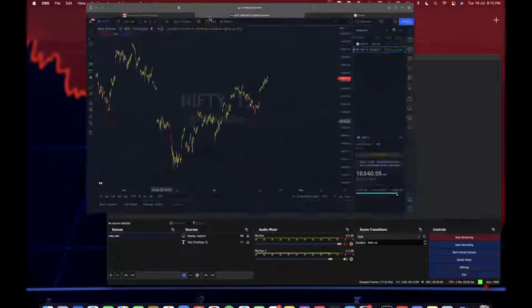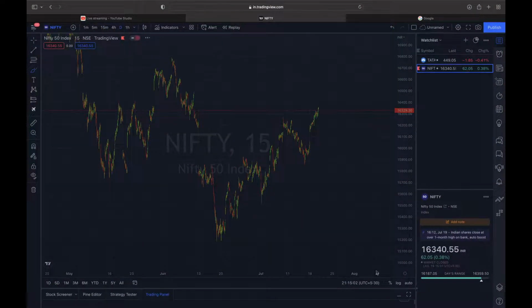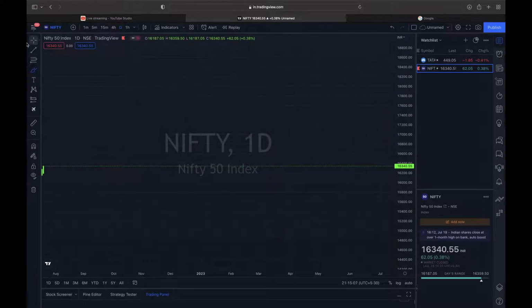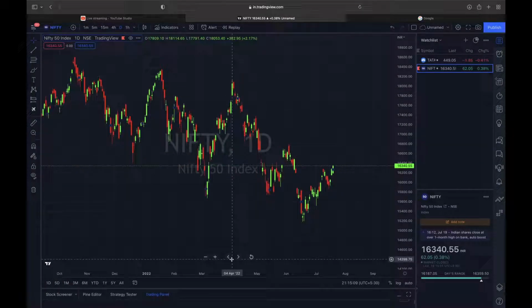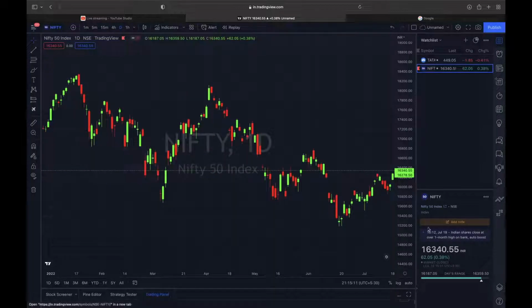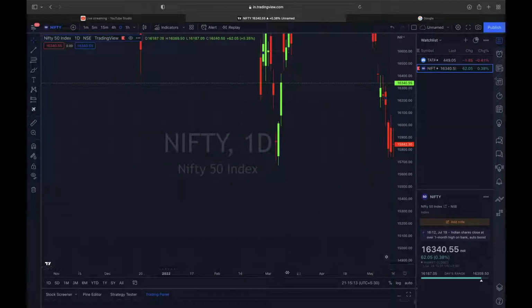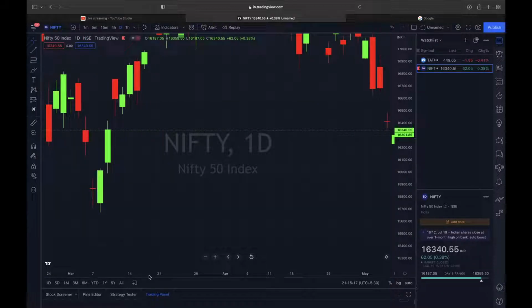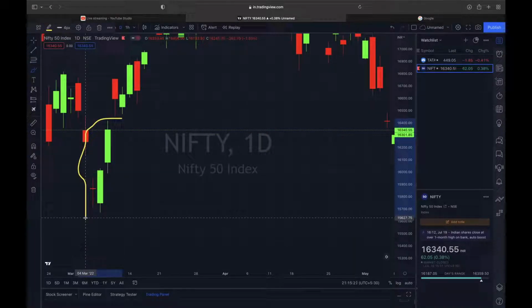Okay. So let's have a look at the 1 day time frame. I'll tell you a very easy concept. You can see this big green candle. Any common sense? You can tell what will happen after this big green candle.